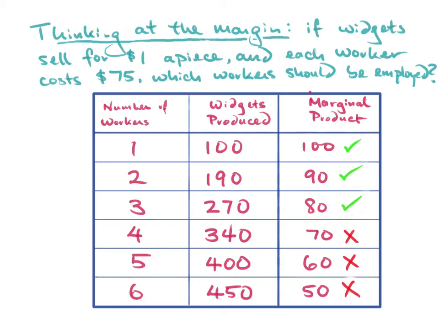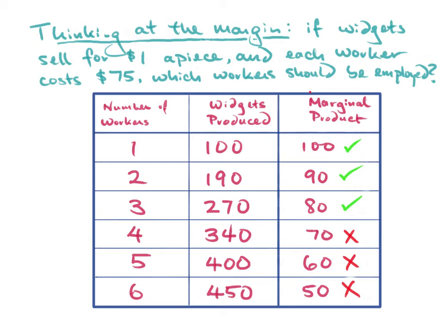The second worker increases production by 90 widgets. That means that the second worker increases the firm's revenues by $90, and it costs $75 to employ that second worker. So, again, it's profitable to employ the second worker. The worker brings in more revenue than the extra cost of the worker.